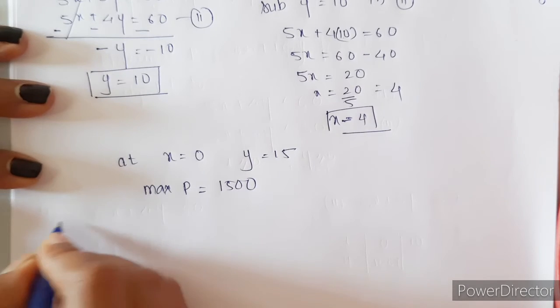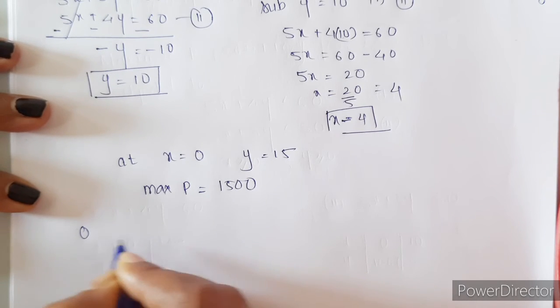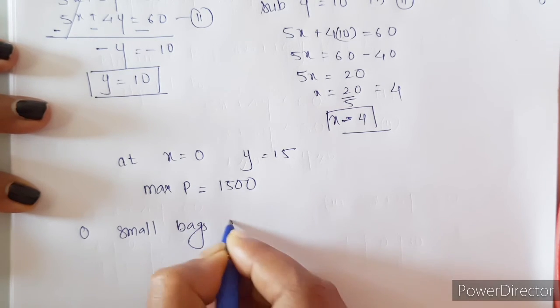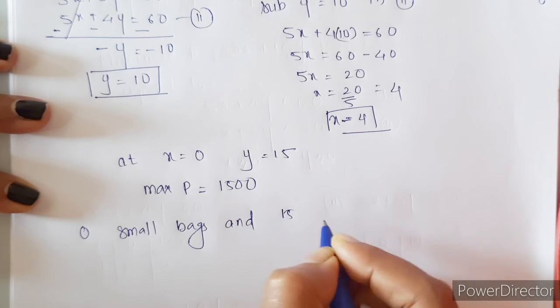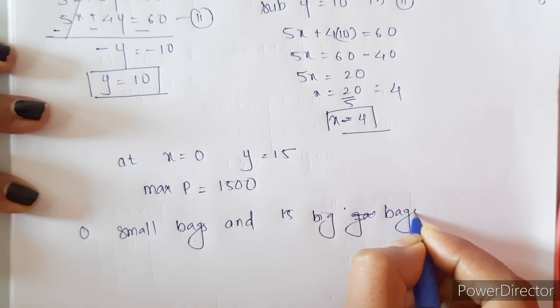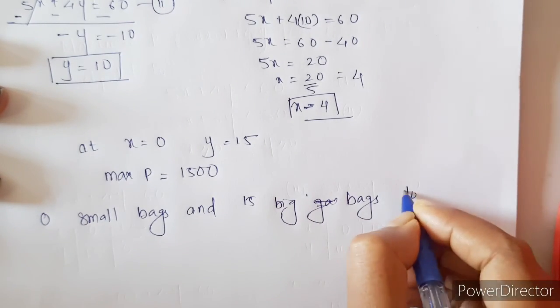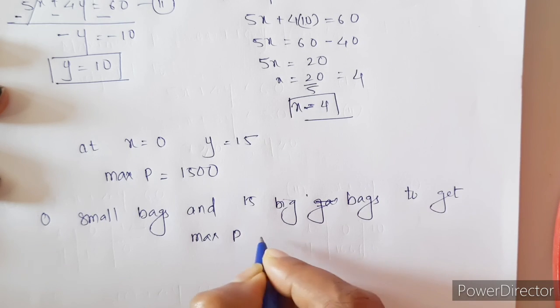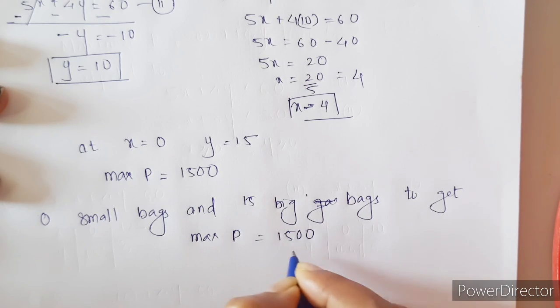So the company has to produce 0 small bags and 15 big bags, okay, to get maximum P, and maximum P is 1500.